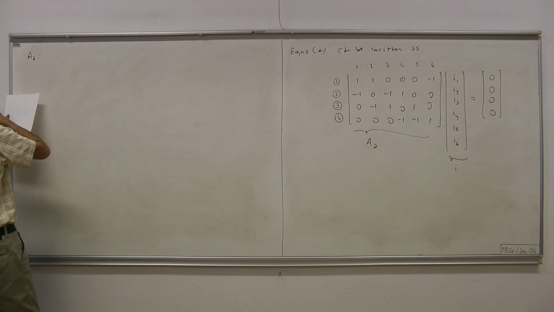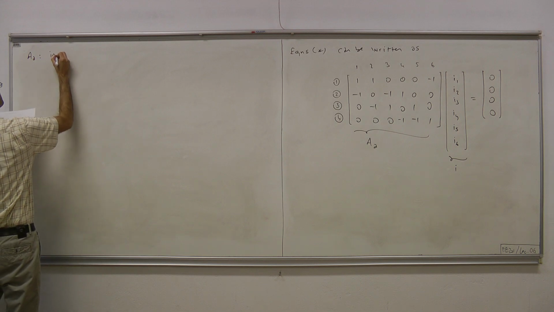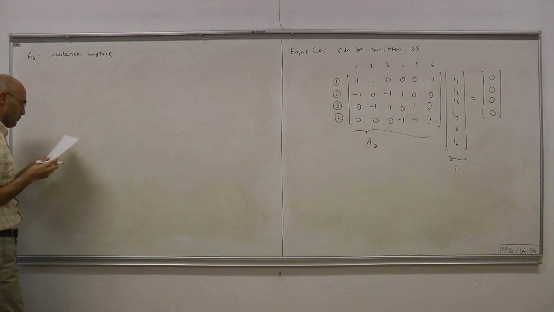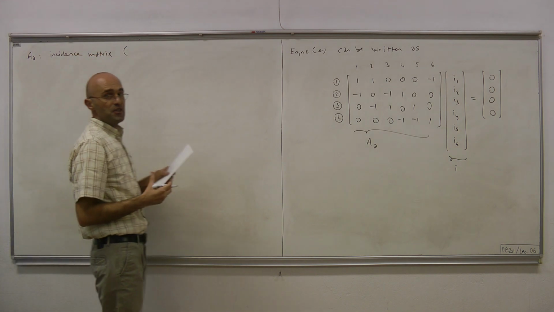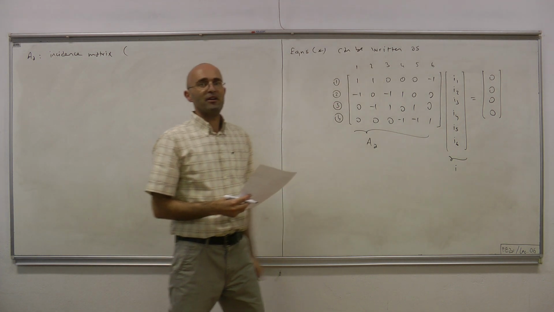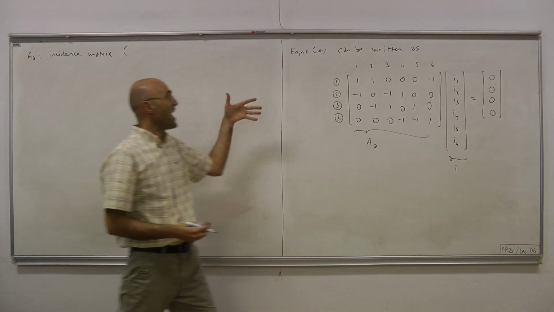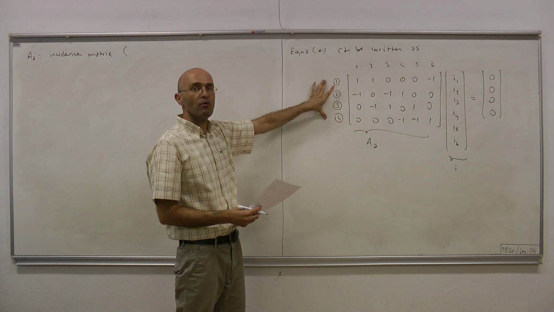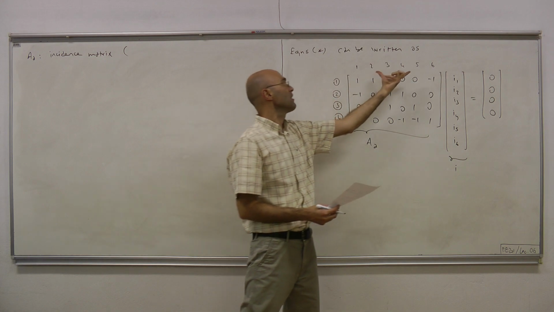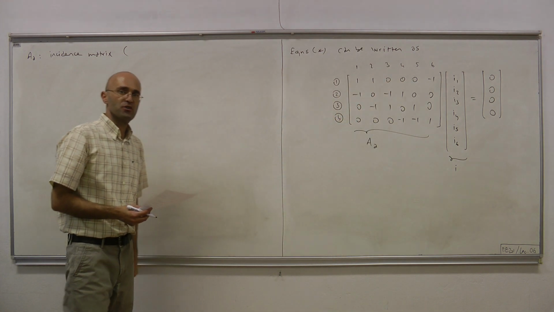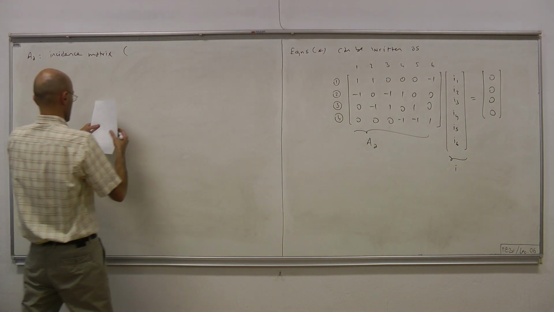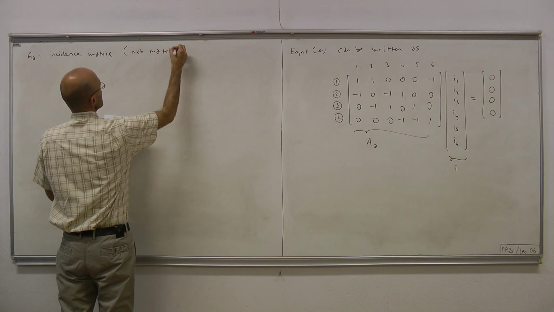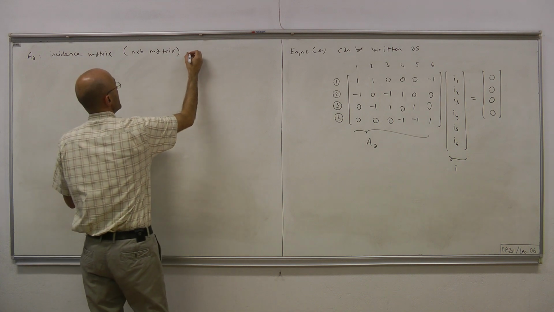In our case, it's a 4 by 6 matrix, but in general, it's an N by B matrix. Remember that N was the number of nodes we have, and B was the number of branches we have.